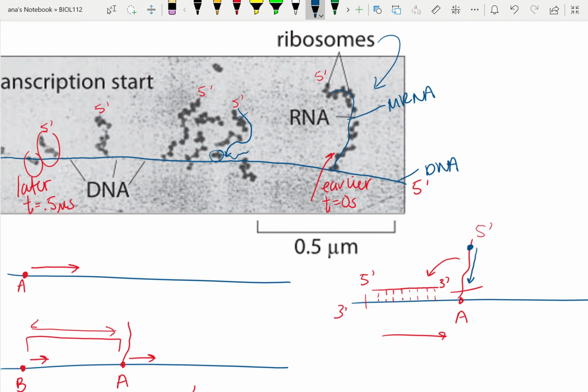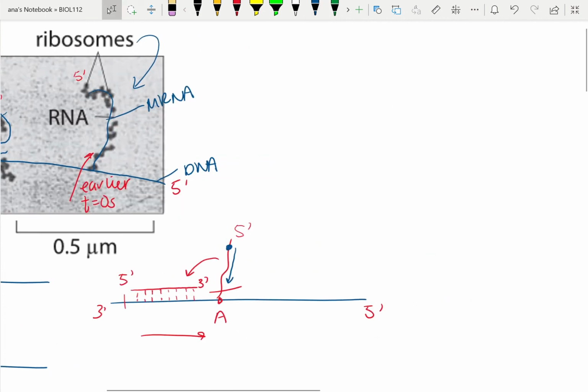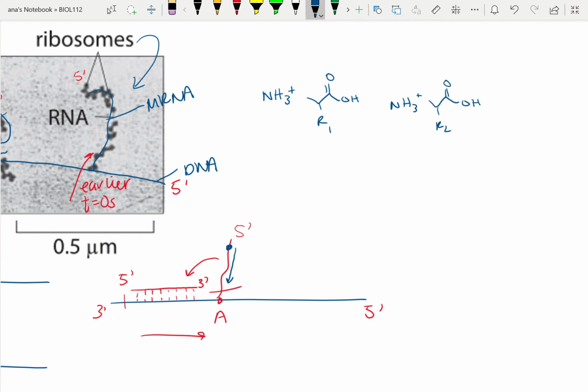And then we know that proteins are made in the N to C terminus direction, right? If I have a generic amino acid with an R group, and let's say this is R1, this is where my peptide bond will form.